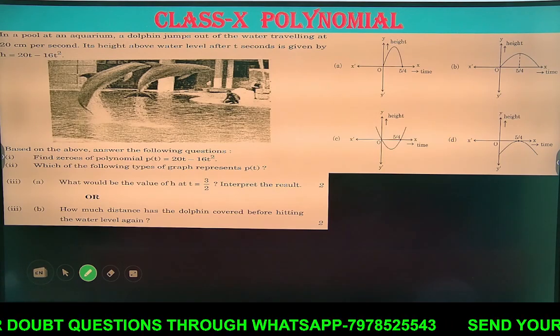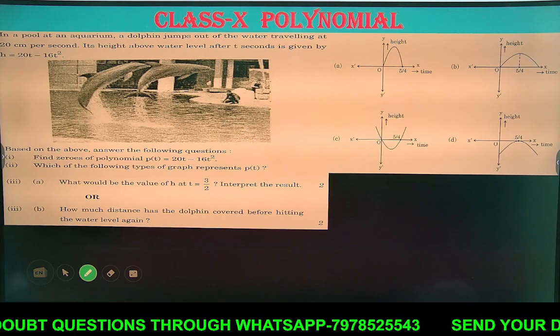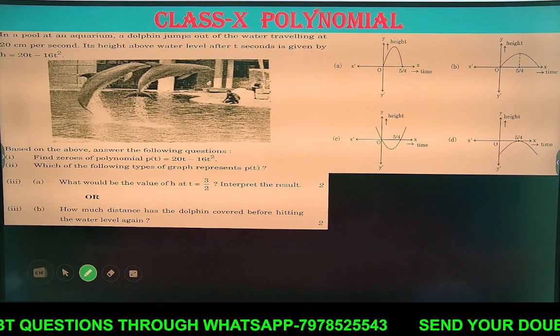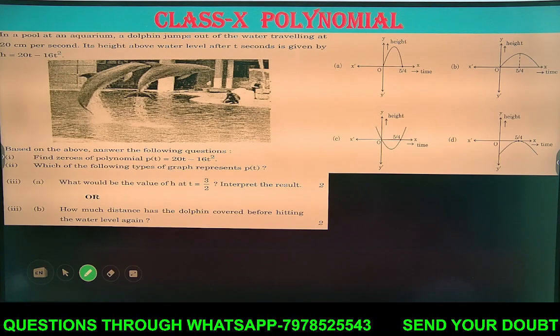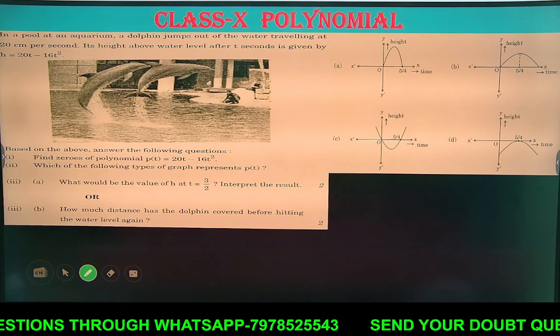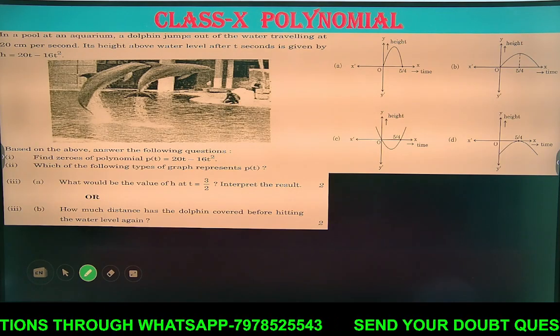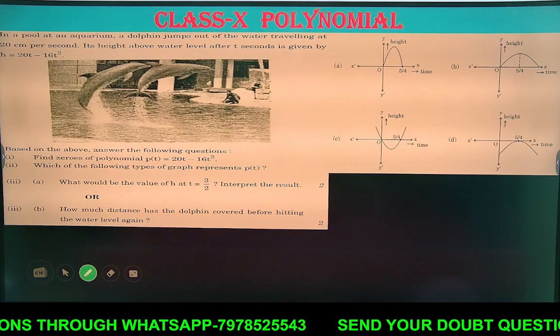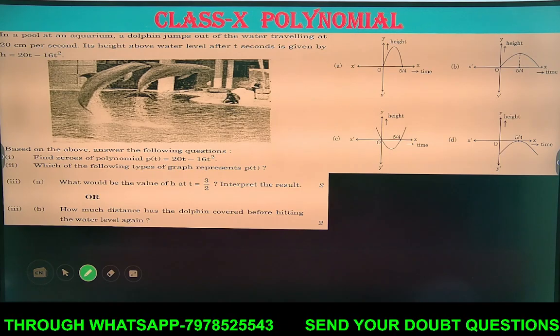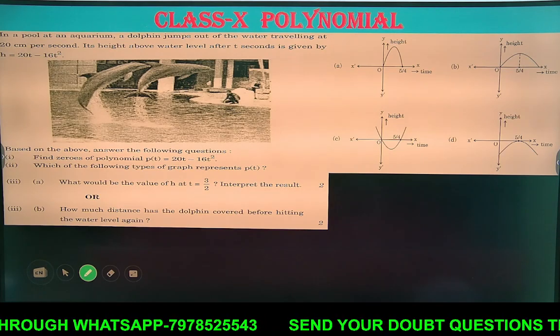In a pool at an aquarium, a dolphin jumps out of the water traveling at 20 centimeter per second. Its height above water level after t seconds is given by h equals 20t minus 16t square.